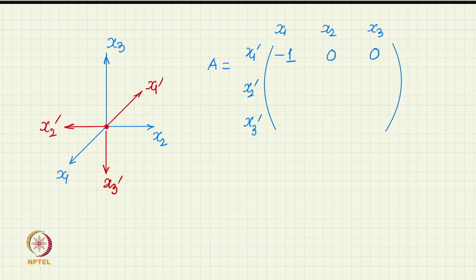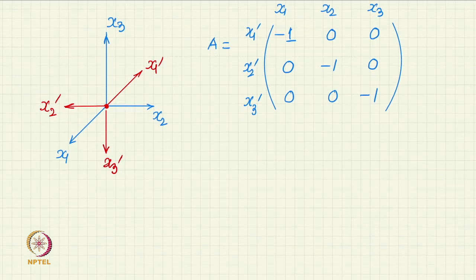Now, focusing on x2 prime, similarly we see that it is 0, minus 1, 0, and x3 prime gives 0, 0, minus 1. So, this is the A matrix relating these two coordinate axes, and if the property is centrosymmetric, then the property should not change under this coordinate transformation.